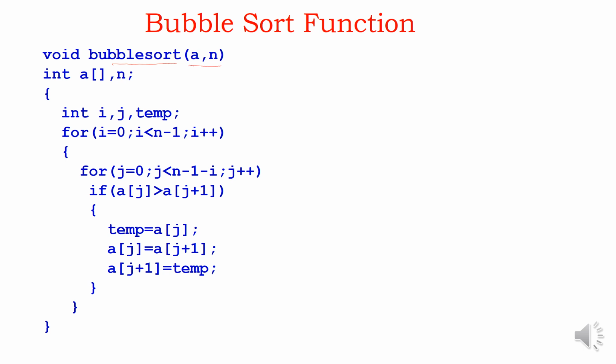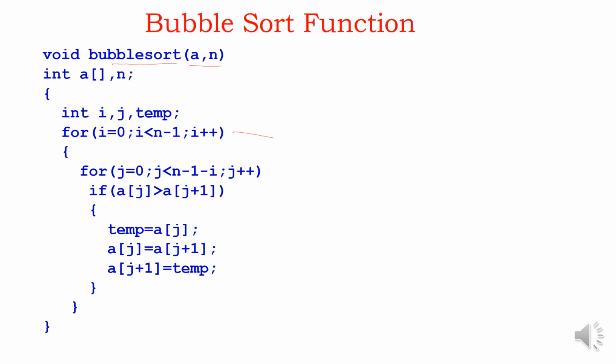An array consisting of n elements needs n minus 1 passes. To sort n elements, we perform n minus 1 passes as per our previous discussion. So we need to perform something n minus 1 times. So there is a for statement: for i assigned to 0, i less than n minus 1, i plus plus.